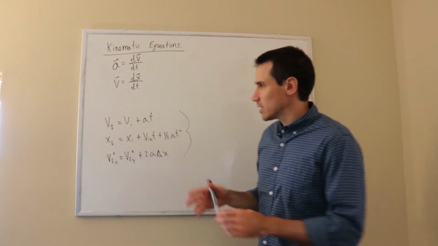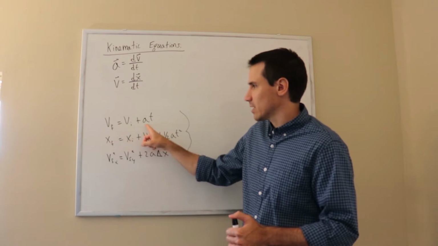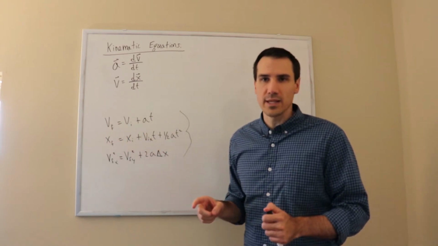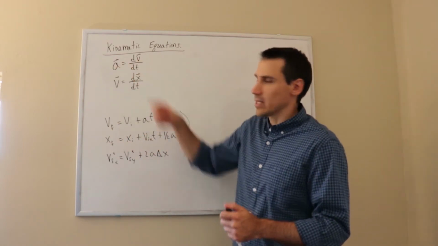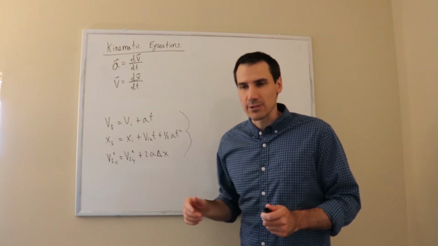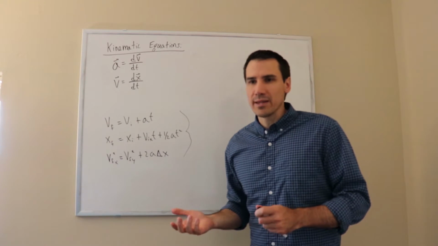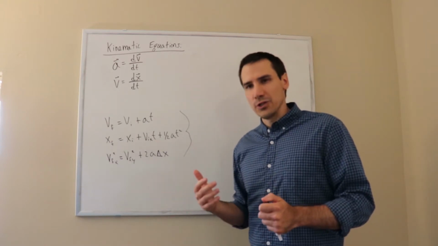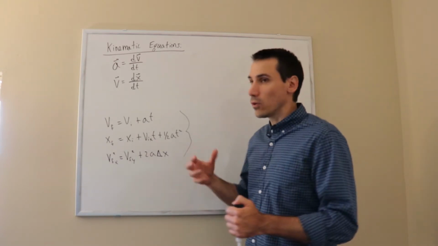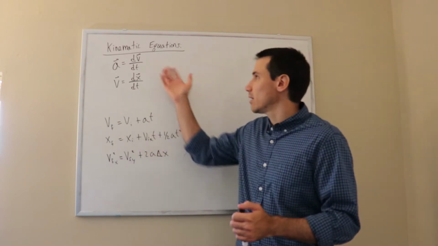Now, the first thing you should notice is that I haven't put vector signs on these velocities and accelerations, where here my velocities and accelerations are vectors. So in order to make the math more technically correct, we are going to deal with only the magnitudes of these vectors.